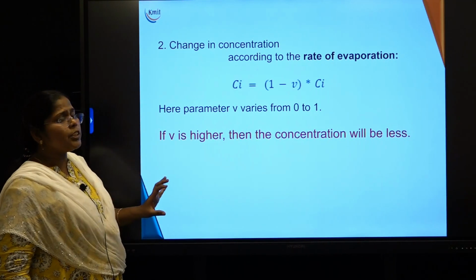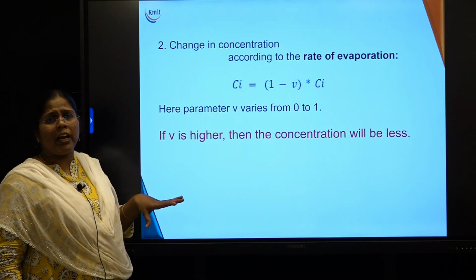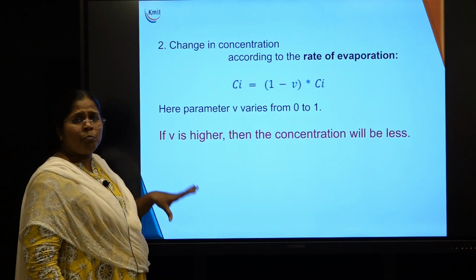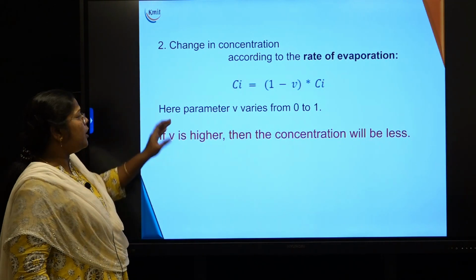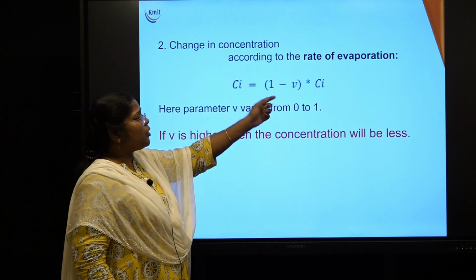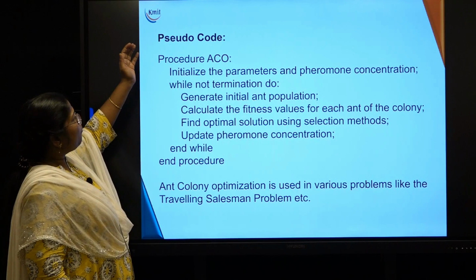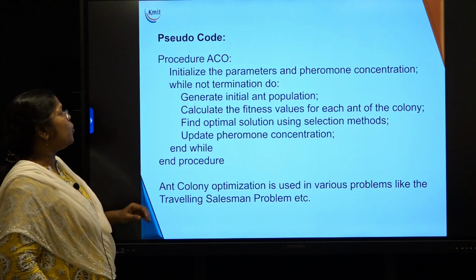So here, first we calculate the probability of the ith path. Second, we calculate the concentration of the pheromone and the rate of evaporation, which is nothing but Ci = (1 - V) times Ci. So we can convert this ant colony optimization into an algorithm.